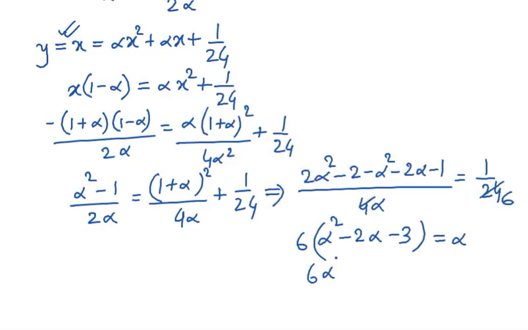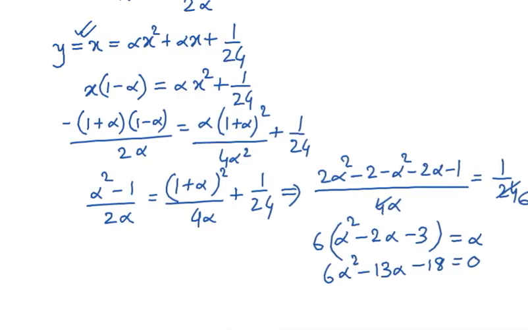So we are getting a quadratic equation 6 alpha square minus 13 alpha minus 18 equal to 0, and this will give us other possible values of alpha.